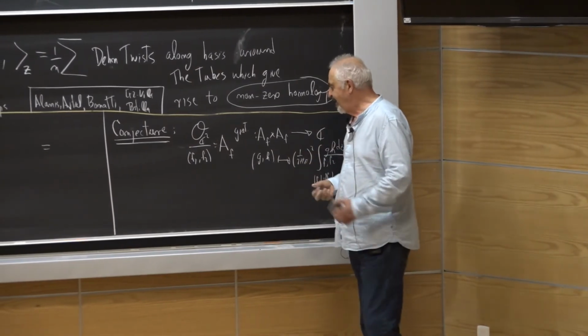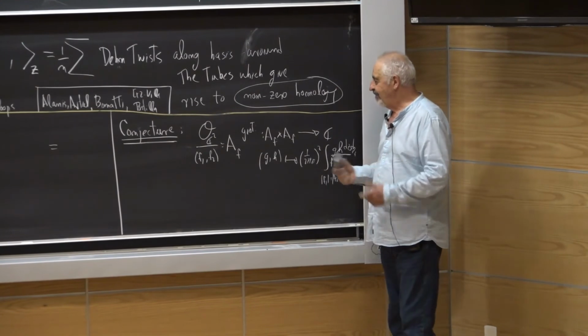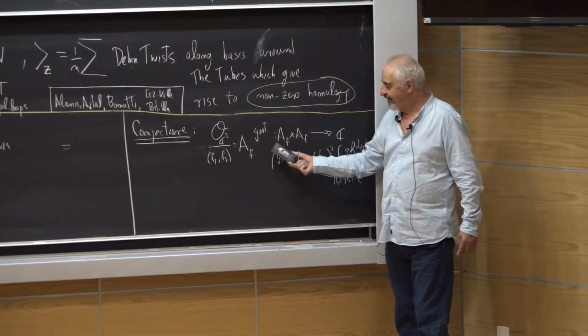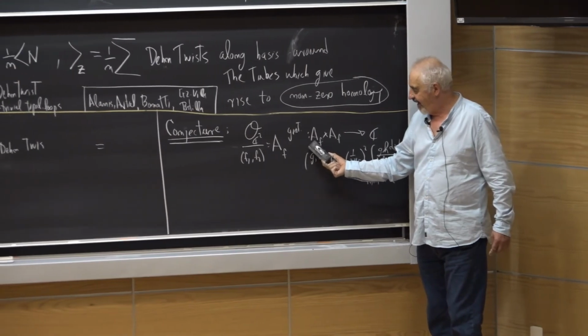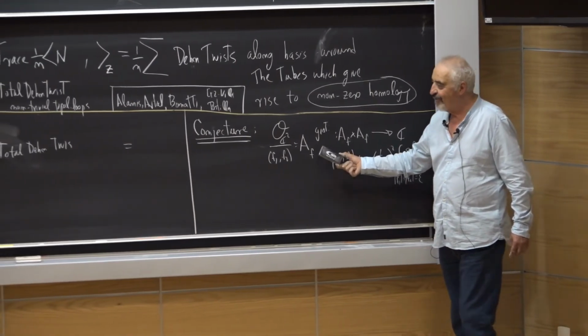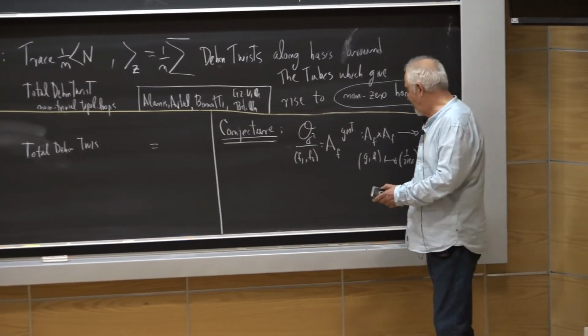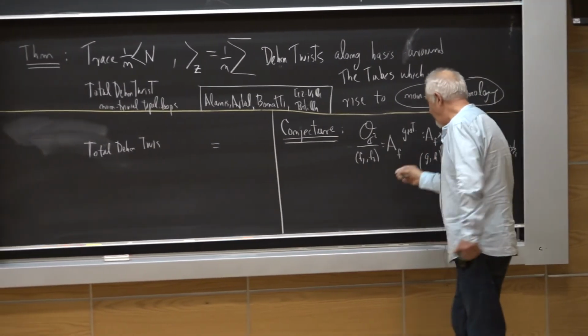And it turns out that using the mixed Hodge structure, one can relate this Grothendieck bilinear form to the coproduct that I explained over here. And so here we're going to do the following.